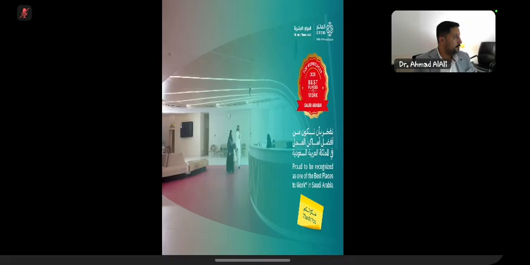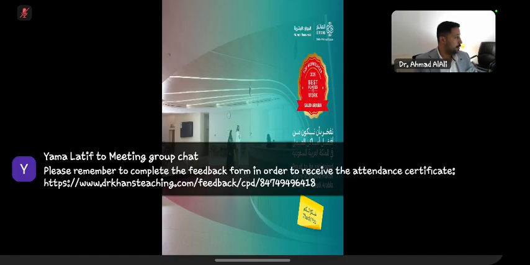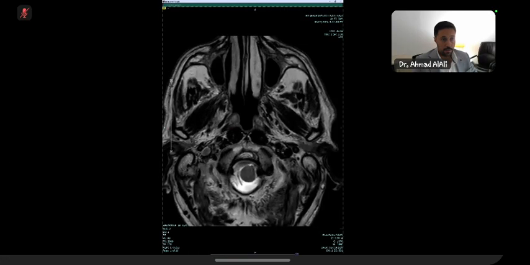He had motion abnormalities of the right eye and some numbness on the right side of the face, and we had a brain MRI for him. I would like to show you the axial images. Candidate number 3, can you hear me?